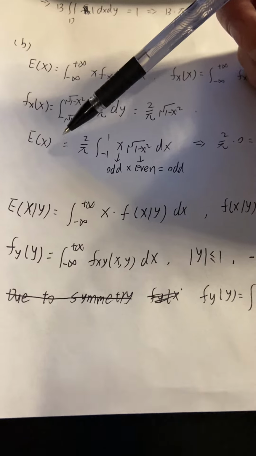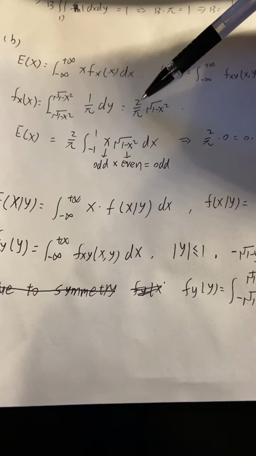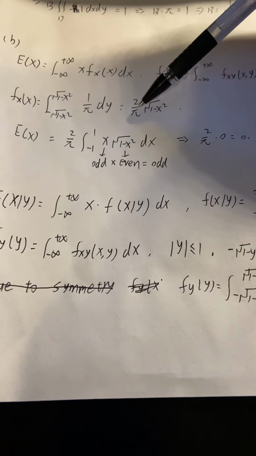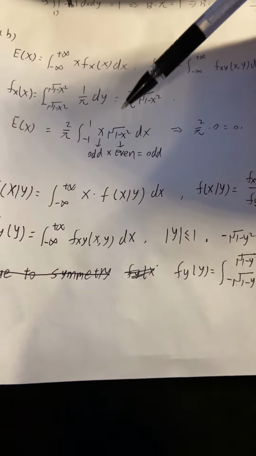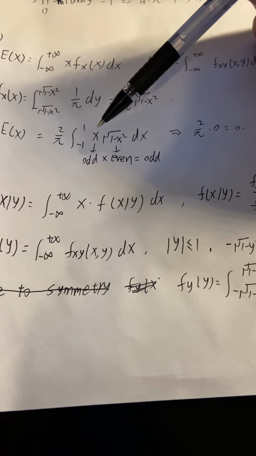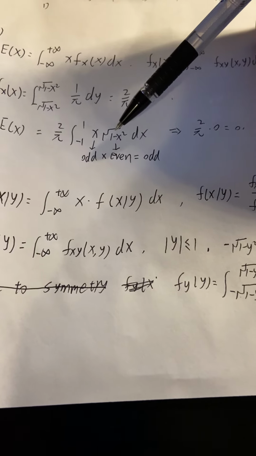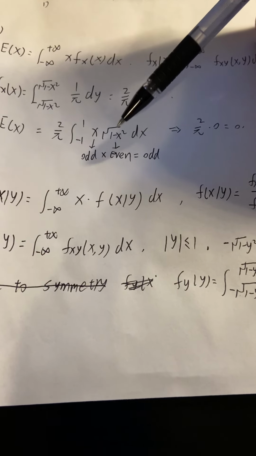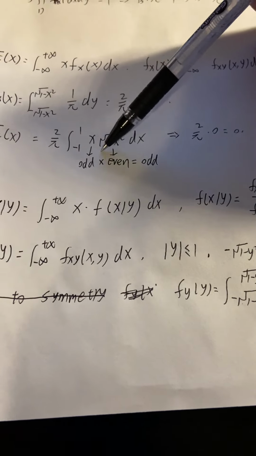So E of X will be x times this term. So the integral would be 2 divided by pi times x times the square root of 1 minus x squared dx.